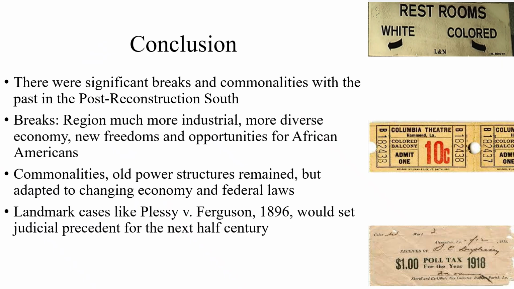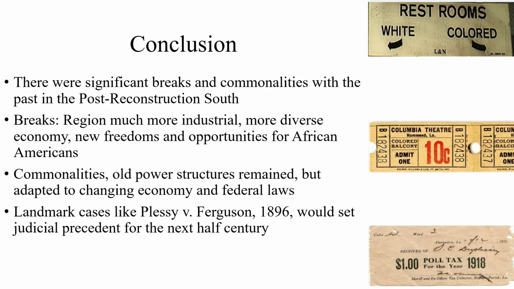Conclusion. To wrap things up, there are significant breaks and commonalities with the past in the post-Reconstruction South. The significant breaks or differences with the past: in the post-Reconstruction South, often known as the New South or the Gilded Age South, the region is becoming more industrial. There are more railroads, there are more factories, there are new industries as well, steel, even things like oil out west.